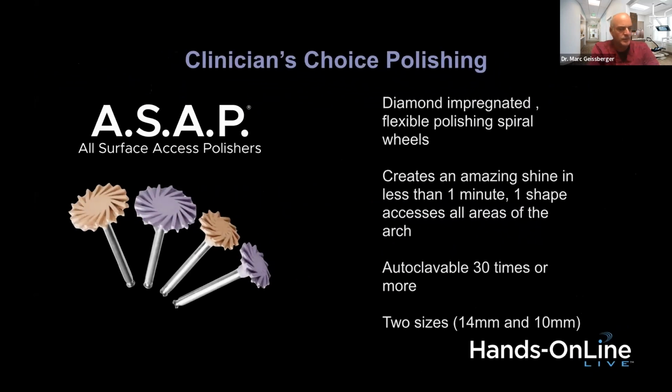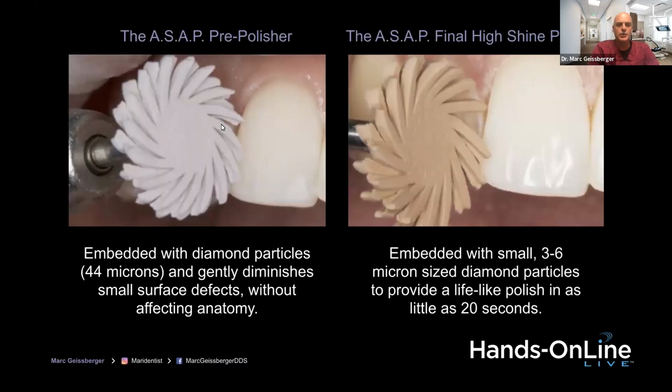And I'm going to use what are called all surface access polishers from Clinician's Choice. If you haven't tried these and order nothing else after tonight's program, this is what you need to try. These polish composites like nothing you've ever seen. And I'm going to demonstrate those tonight. I'll demonstrate the 2 types they have, but these are really brilliant polishers in a 2-step technique.